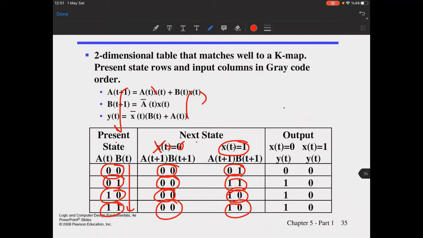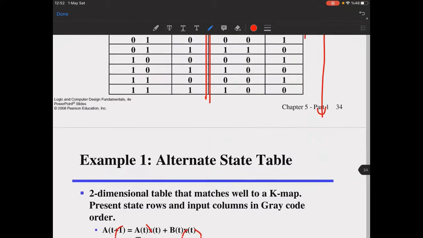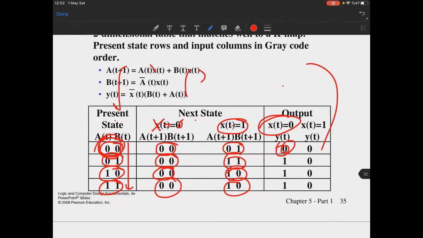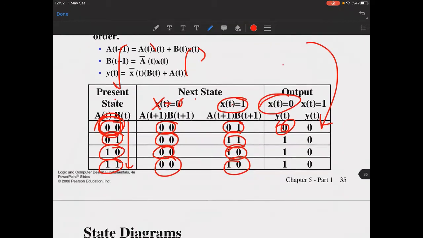Again, you have the same structure for the output as well. It depends on your present state and your input, and this will be your output. You just reshape your table in this manner. This is much more convenient.